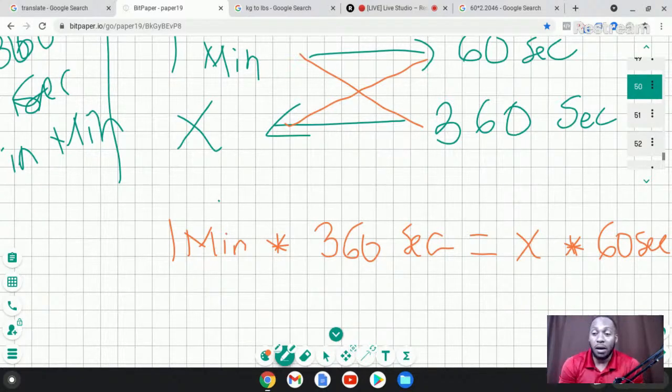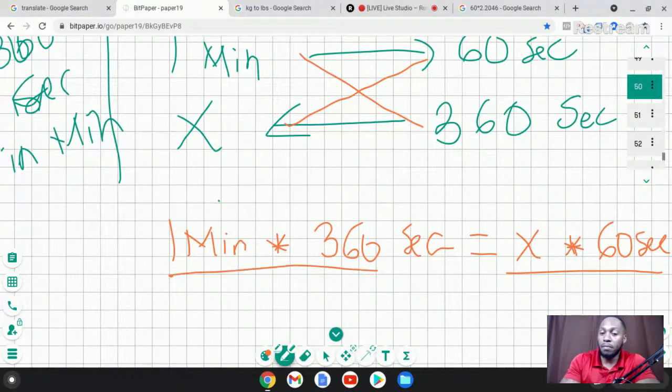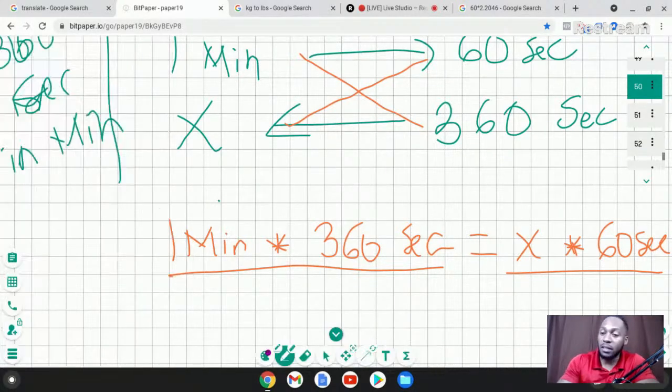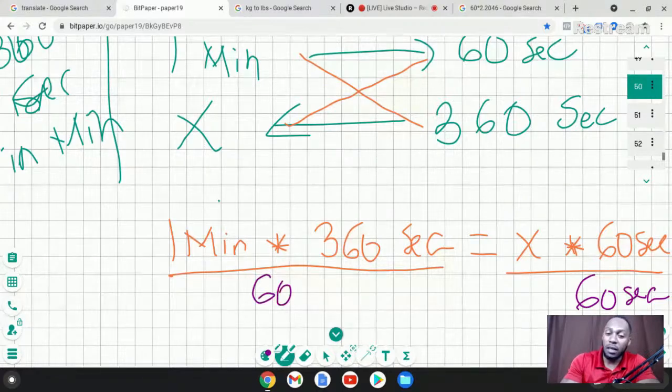I'm solving for x. The only way to solve for x is to isolate it, to leave it by itself. So I'm going to divide both sides of this equation by 60 seconds, and I'll change color so you understand where the change is coming from, because that's what will isolate x and leave it by itself. 60 seconds here.